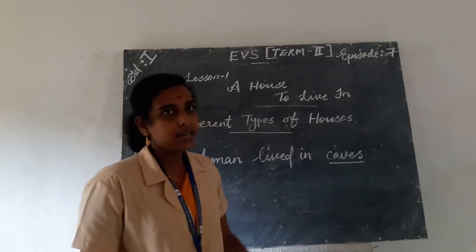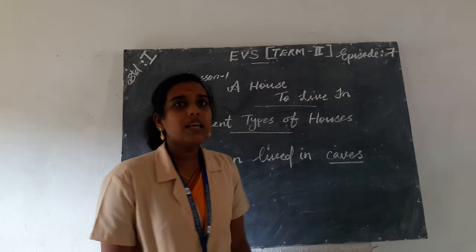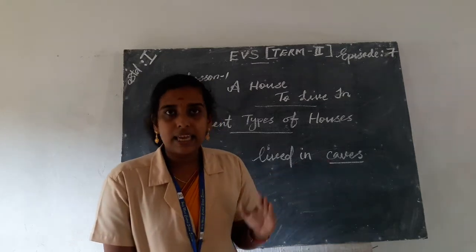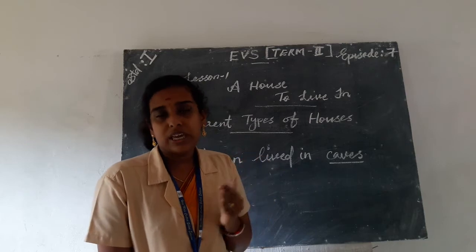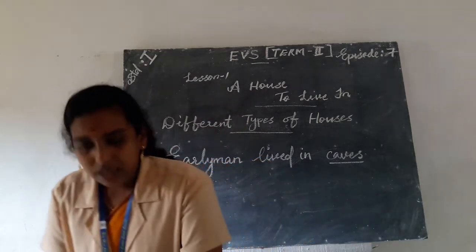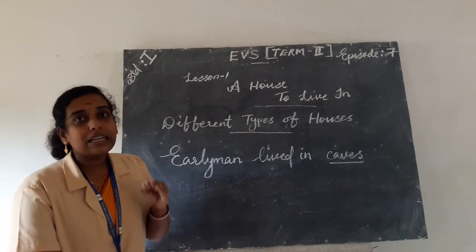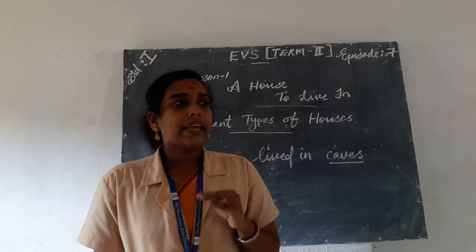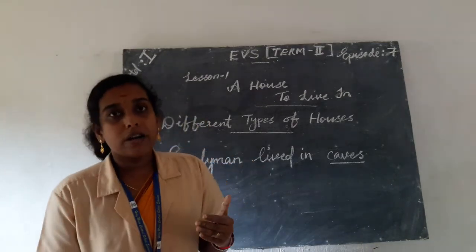Caves are in jungles, and the early men lived in caves. The spelling of caves, C-A-V-E-S, caves. And today people live in different types of houses, like apartments, bungalow, cottage, etc.